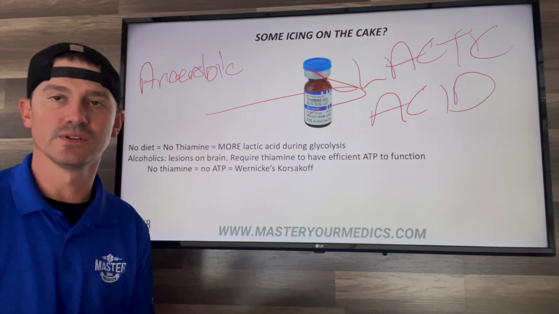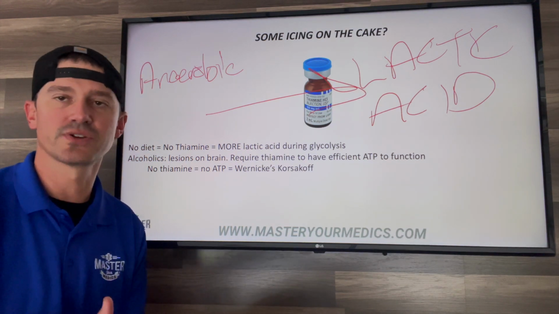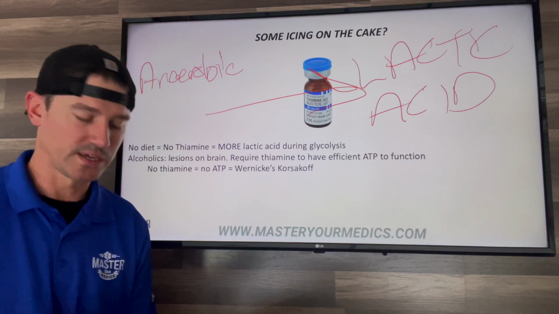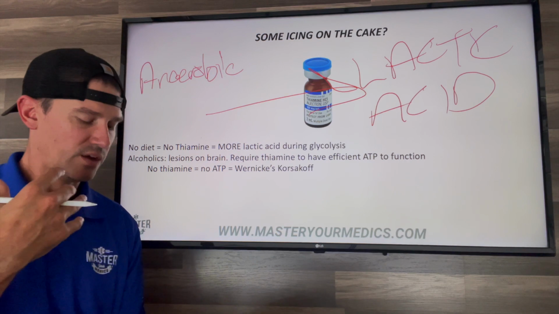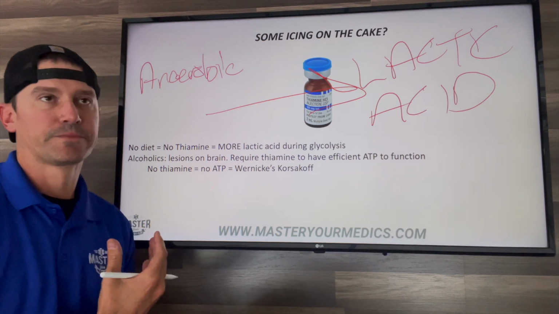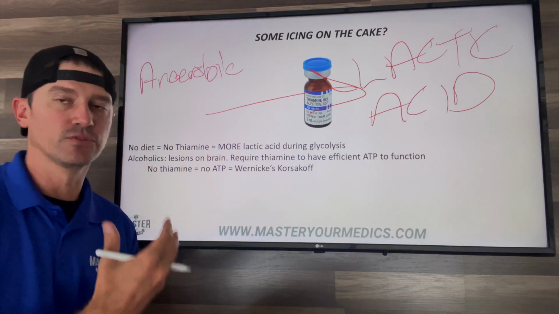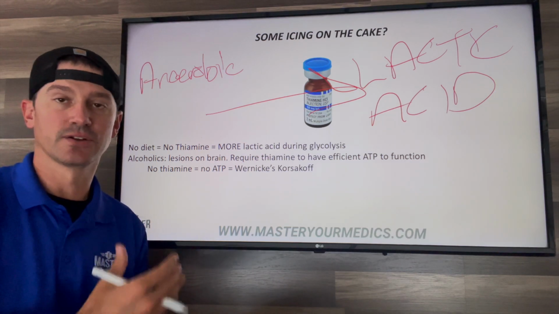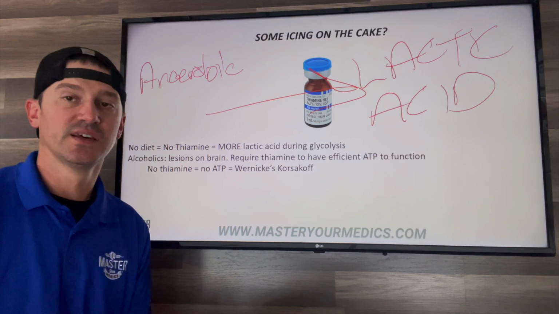That's the big thing. We know that the body just doesn't like acid, it puts a strain on it, complicates a lot of cellular processes, just no good for the body. So during glycolysis and in processes of gluconeogenesis and everything, we're in anaerobic metabolism, increasing levels of lactic acid.